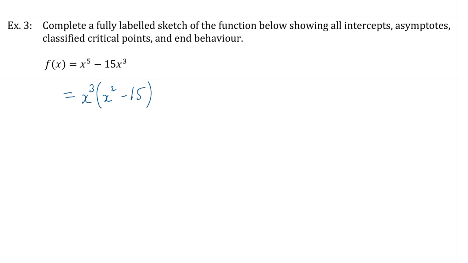Okay, now I'm going to take the derivative. And I'm going back to the original polynomial form to take the derivative because that's much easier than doing product rule. Then what do I do with this? Factor it.